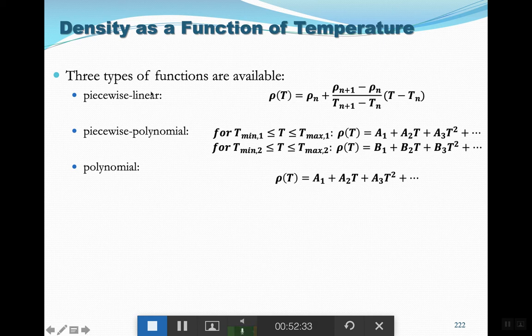But you have to, of course, decide about the type of the function: piecewise linear function, piecewise polynomial function, or a polynomial function. And also you have to provide the coefficients in here. What the coefficients are, what the equation is, highly depends on what you are solving, and basically the general rule of thumb is use the best equation and best coefficients that basically represent your case.